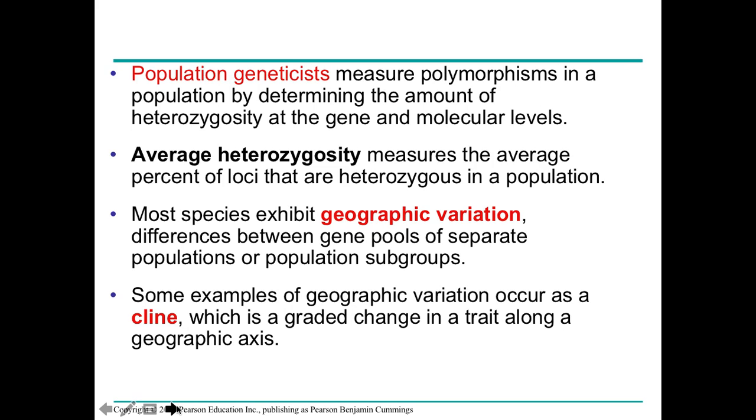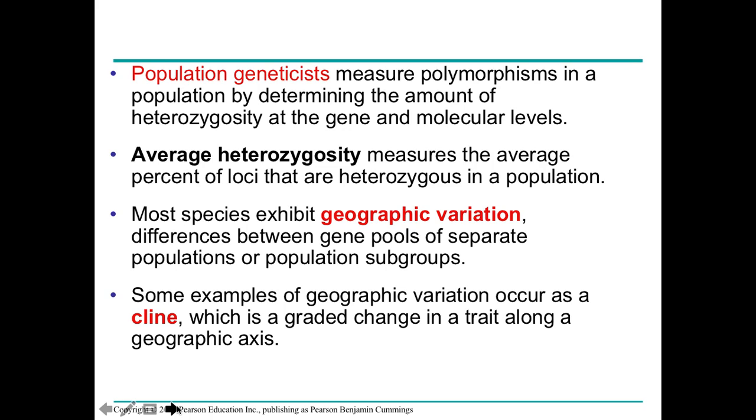There are scientists called population geneticists, and they measure what we call polymorphisms in a population, so different forms of a phenotype that we see in a population, by determining the amount of heterozygous organisms at the molecular level in their genes.